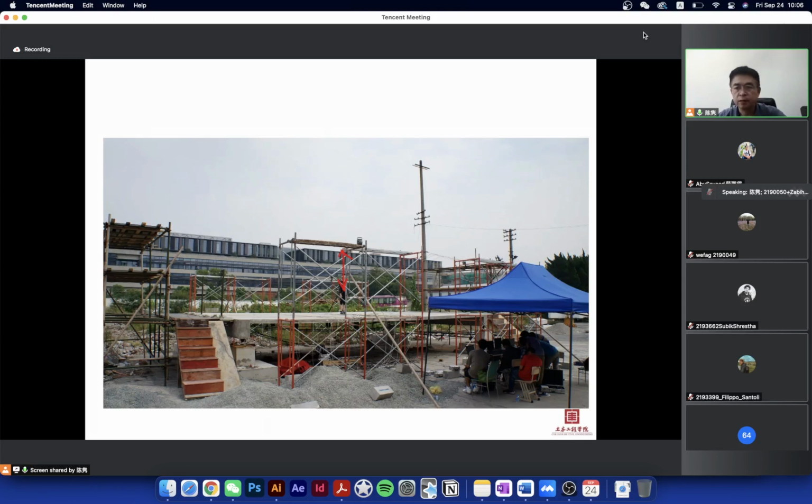Actually, I asked her to jump 1.5 minutes. It only needs one minute, but to be safe, I asked her to jump 1.5 minutes. So this is one example showing how to use it.